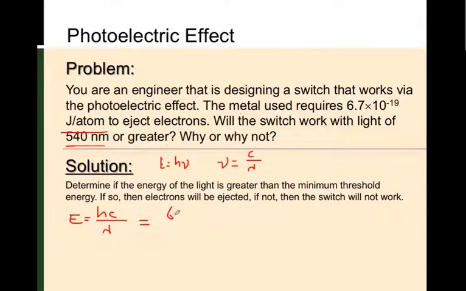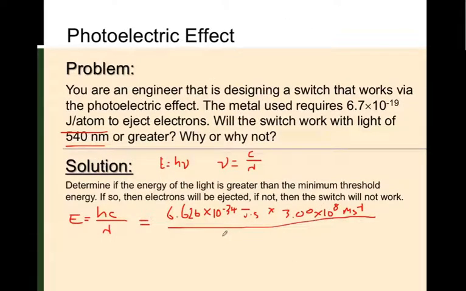6.626 times 10 to the minus 34 joule seconds times 3.00 times 10 to the 8 meters per second, all over our 540 nanometers, or 540 times 10 to the minus 9 meters.